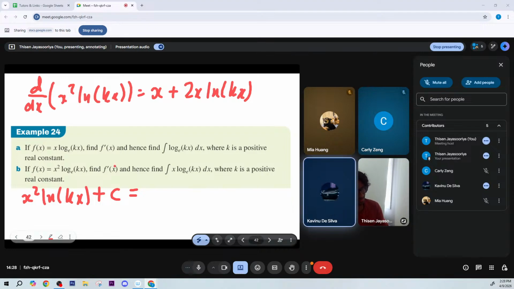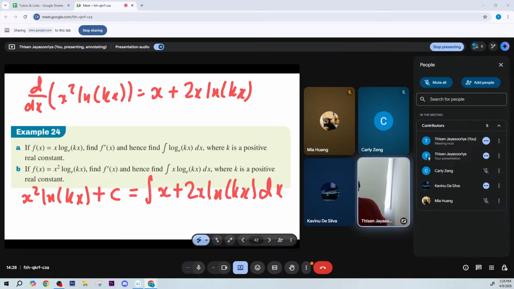Oh, okay. Equals, what does it equal? The integral of x plus 2x ln of kx dx. So we get x squared ln of kx plus c equals the integral of x plus 2x ln of kx dx.